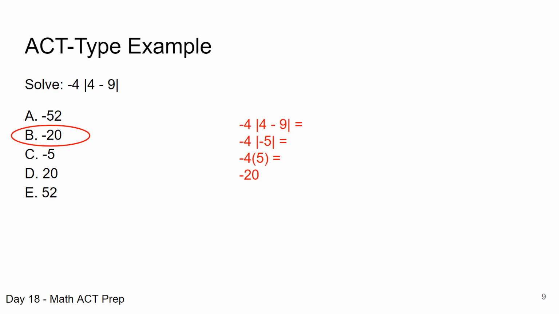You're sort of correct there. When you take the absolute value of a number, you are going to get a positive, but we have another calculation to do outside of that. We have to multiply what we get when we evaluate the absolute value. We multiply that by a -4, and that's what's going to give us the -20.